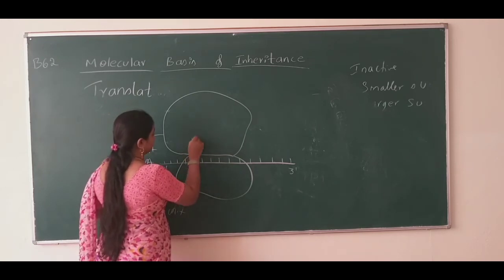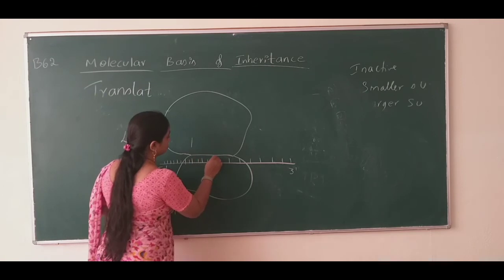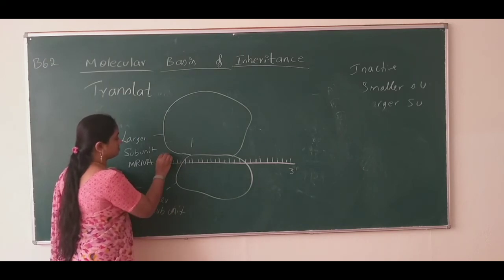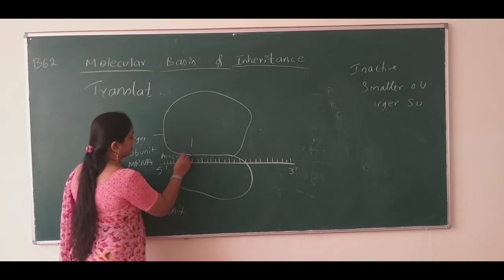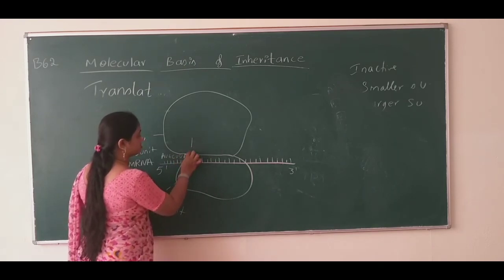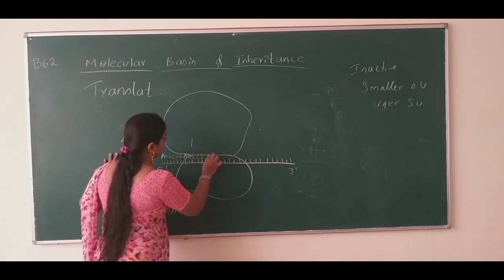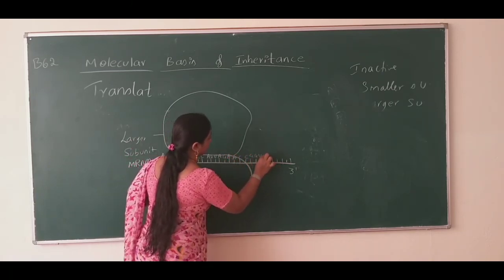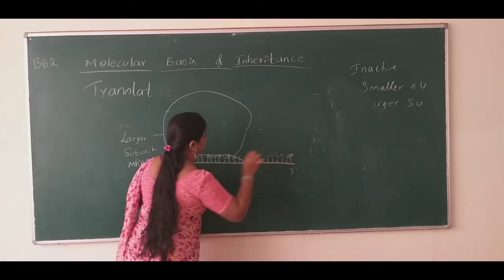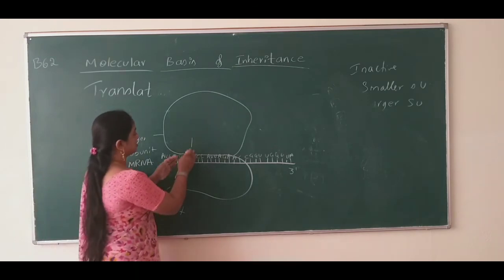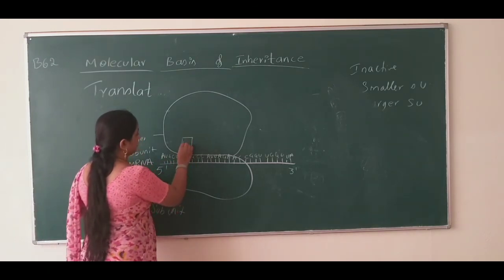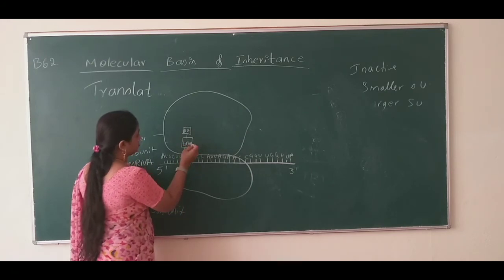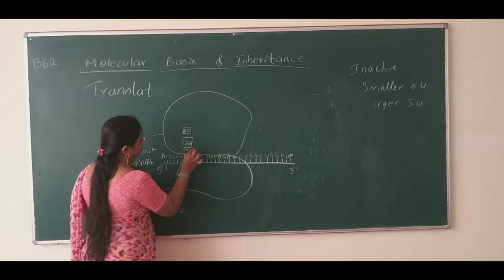Next, the tRNA. Just write the codons here, the triplet codons, so that it becomes easier to write the tRNAs, the complementary codons, the anticodon regions: A, U, G, C, C, A. From the AUG we will start the process, and this is the tRNA having the amino acid, and the complementary base pair is UAC.